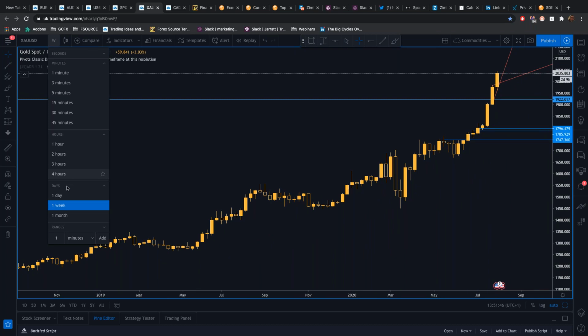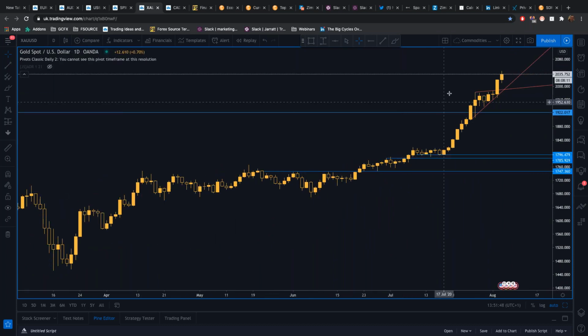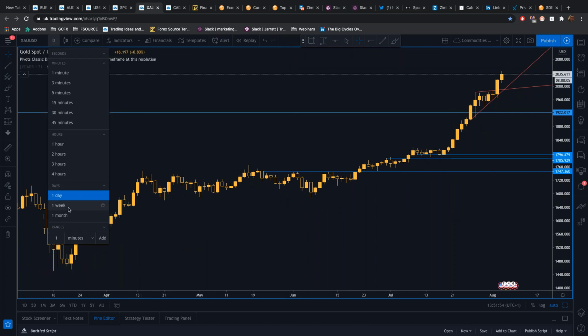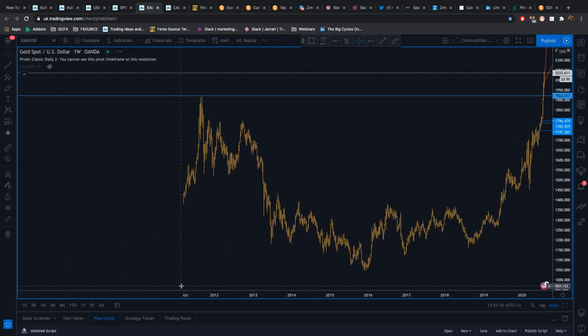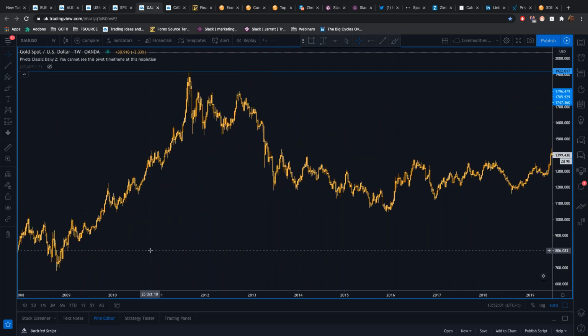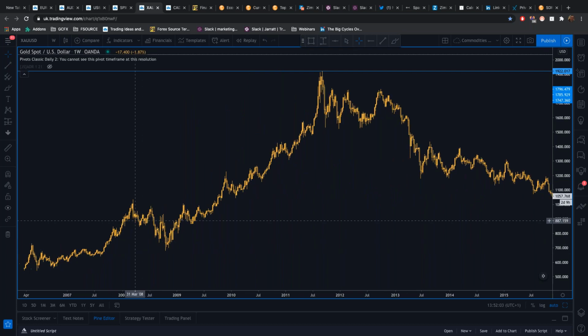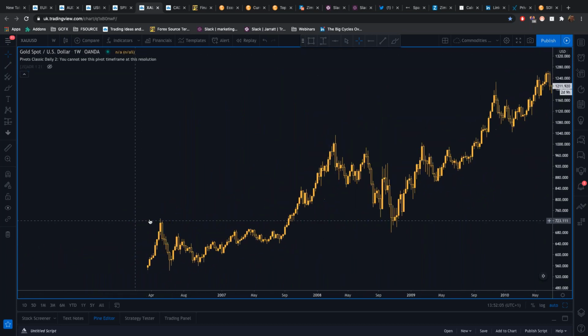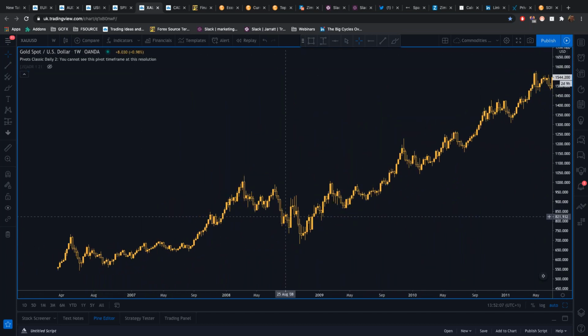Now, the temptation when you see these kinds of moves is just to jump into them and go long. But if you go back to 2008, 2009, we saw a strong upside in gold. It came out of the global financial crisis, and the situation was perfect for gold upside.